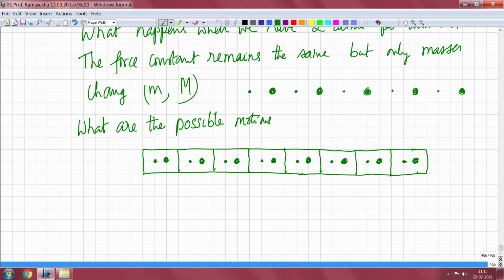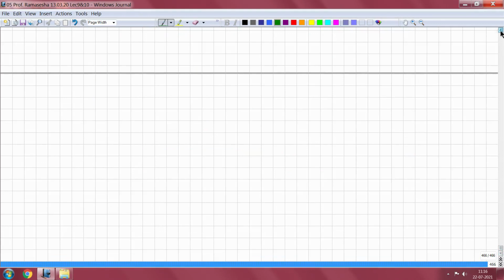Now, let me try to illustrate it using transverse modes. The same thing holds for longitudinal modes, because transverse modes are easier to draw in the plane of the paper. So what can happen is that both the atoms can be moving up.